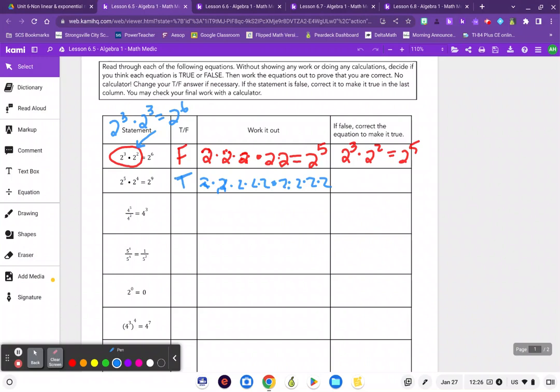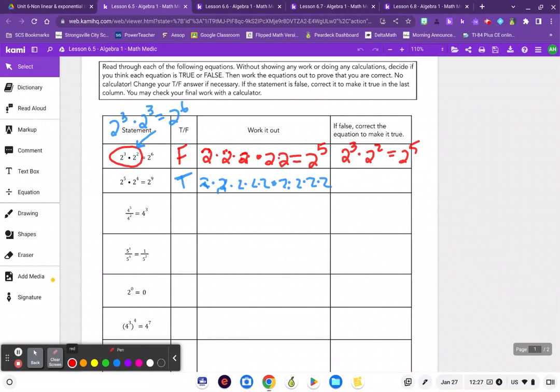What people ended up remembering is that when I'm multiplying like bases, I can add the exponents. Those exponents tell me how many times the bases are being multiplied, and so I can add the exponents to have a total number of 2's that would be multiplied.